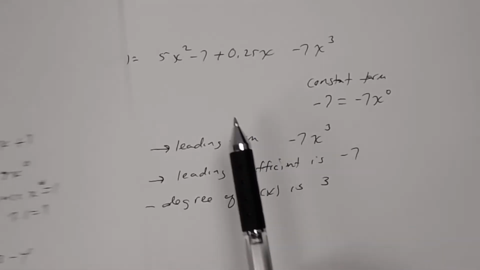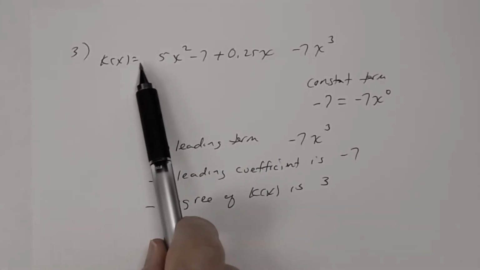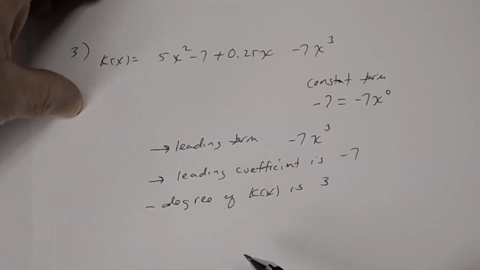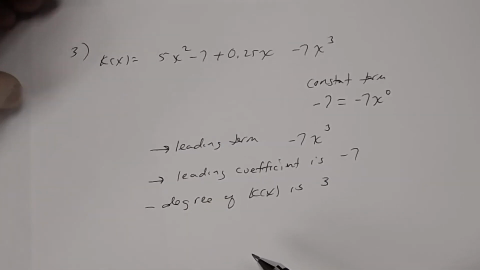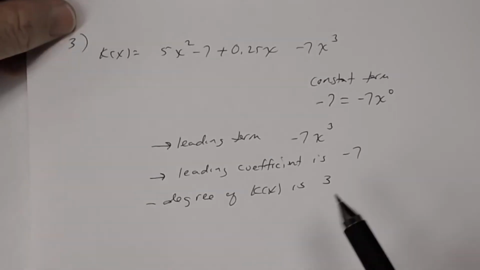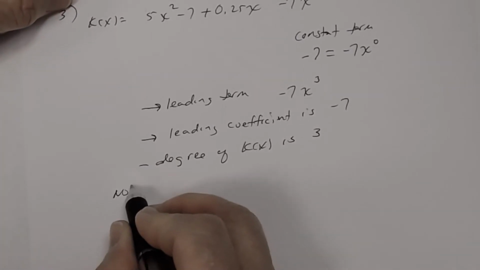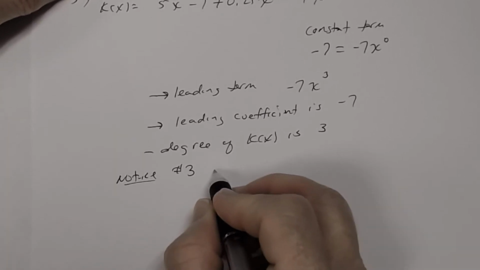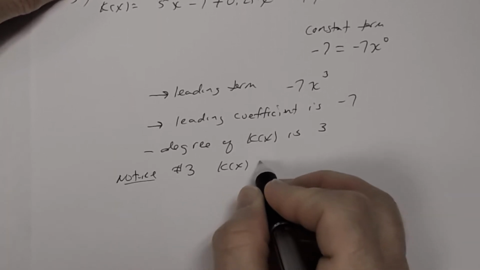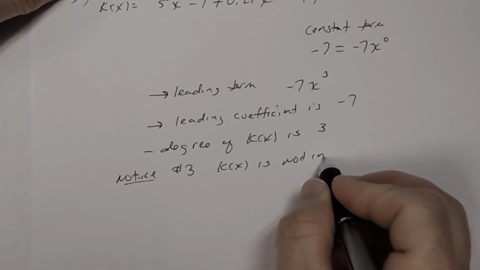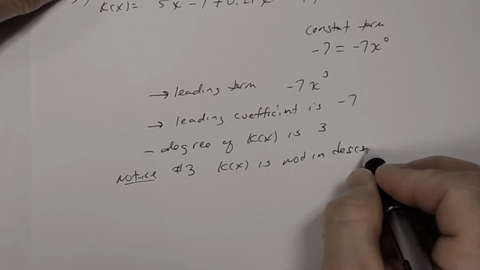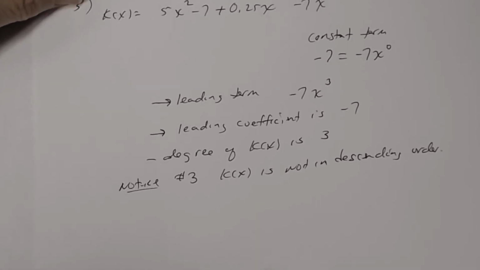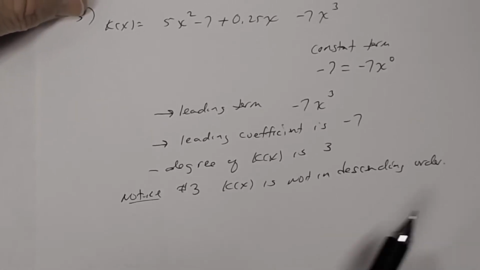But look, is number 3 in descending order? Nope, it's not in descending order. So I want to say something here, and that's going to be important. Listen carefully to what I'm about to say. Notice, number 3, in this case k of x, is not in descending order. First of all, you have to know that it's not in descending order, but that's okay.